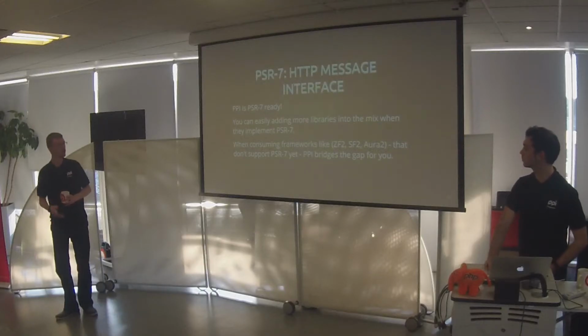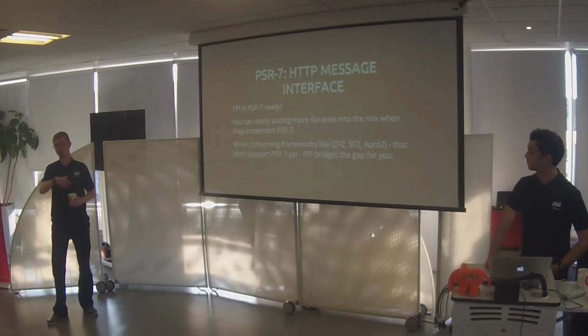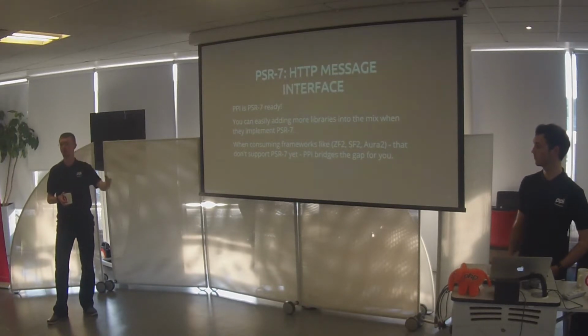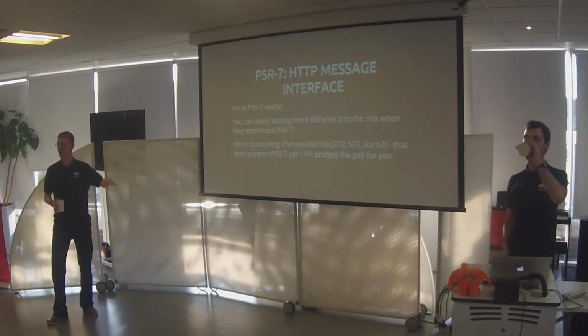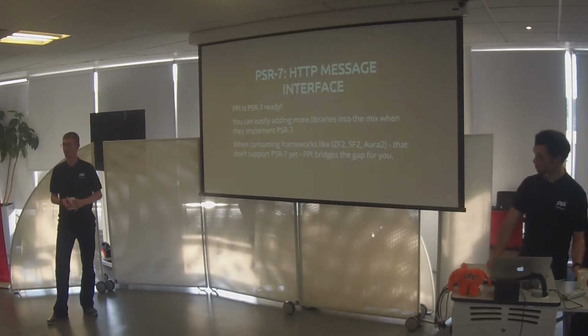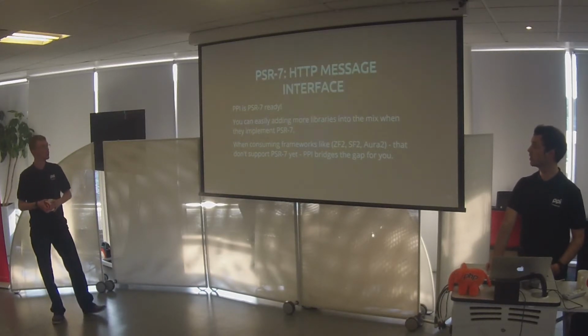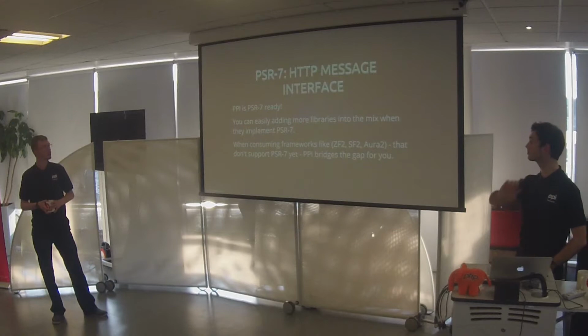PPI does what PSR7 achieves, it bridges the gap. So for now, and when those frameworks catch up, or Slim's already caught up, that's what Rob's going to talk about as well. The ones that haven't caught up, when those ones do catch up, then we can just throw away a lot of code because we don't need it anymore because they're PSR7, right? It's a good day where you can just delete code and you're in a better place.